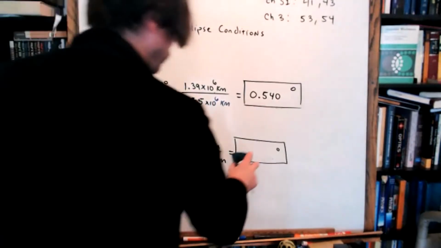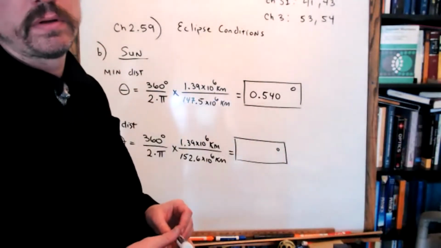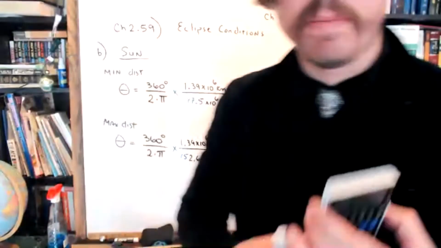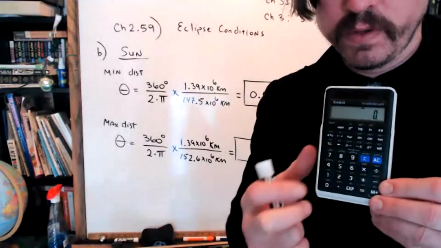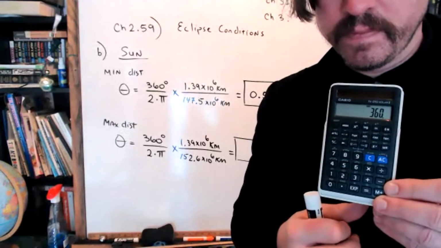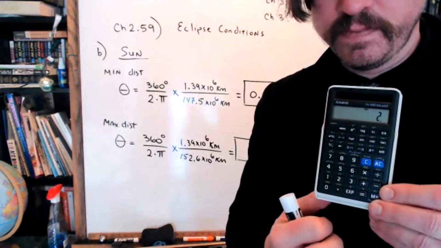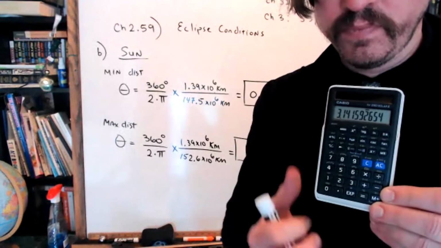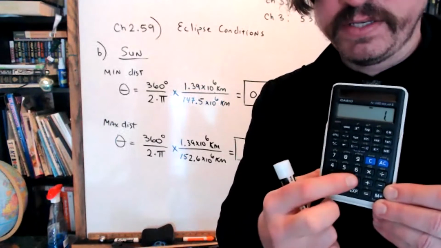I did that wrong on the calculator. What did you get? A whole 195 point something. All right, Sabrina, there's probably going to be other people with the same issue, so watch me do it. 360 divide by 2, divide by pi, times 1.39.